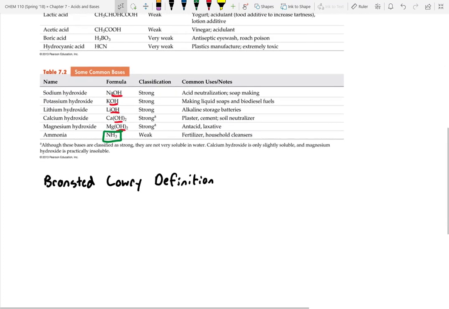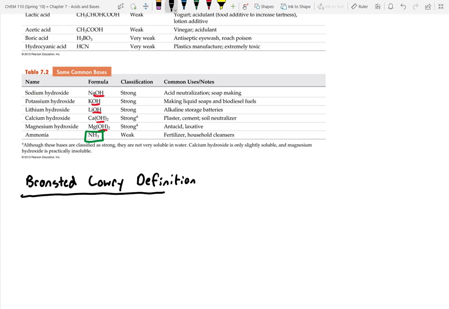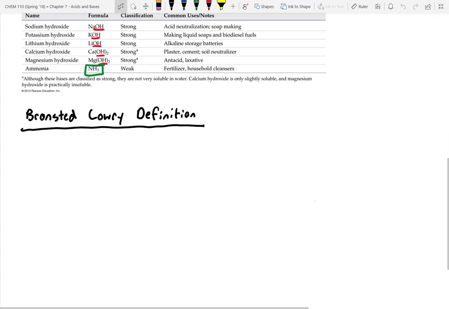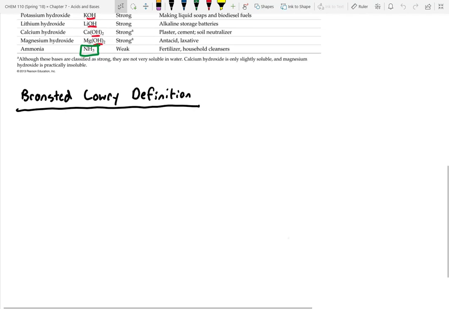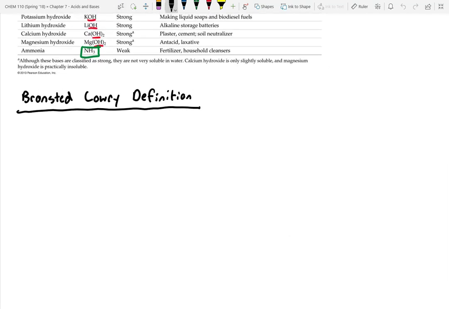And they basically said it's not necessarily the hydroxide that makes something basic. It has more to do with which directions protons are being moved. So they realized that there was a problem. Not all bases produce hydroxide.